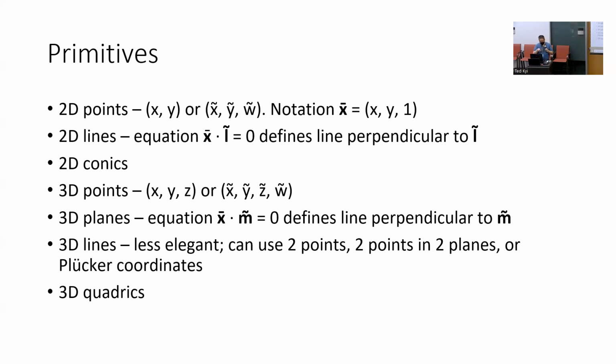If you say that dot product must equal 0, then that defines a specific line that's perpendicular to the direction of L and a specific distance away from the origin. So it uniquely defines a line, and that's a very convenient way. Again, it's amenable to matrix multiplies, and it's very compact.